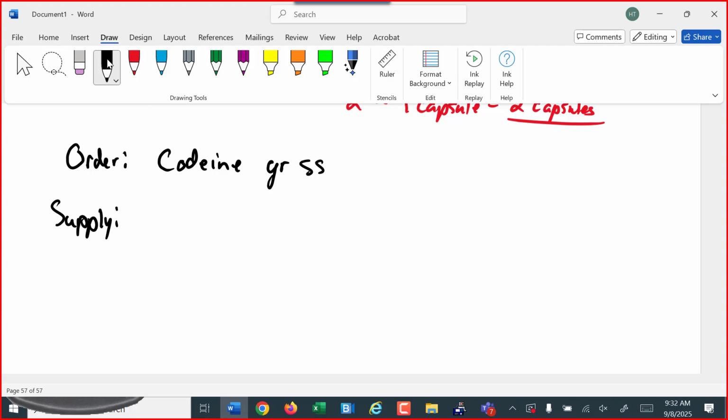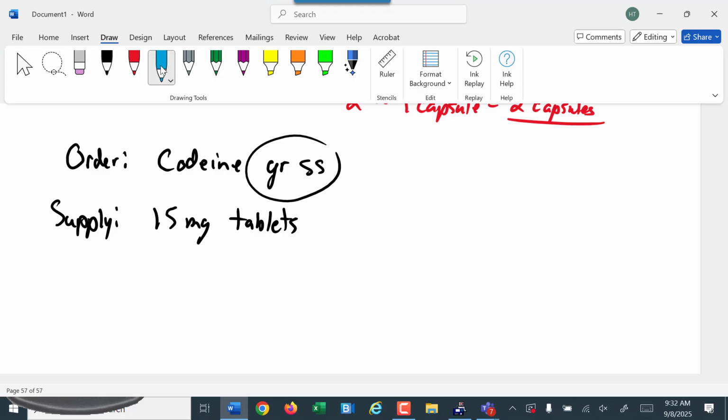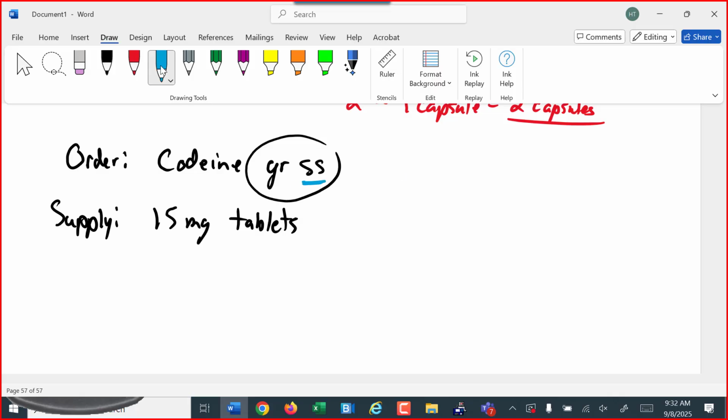And we have a supply that's 15 milligram tablets. So the doctor's order is the gr ss. Remember, ss is 1/2. So that is 1/2 of a grain is what the doctor's ordered.